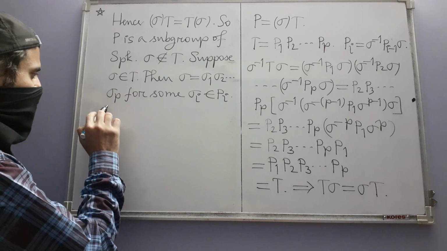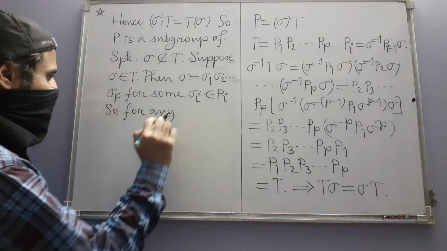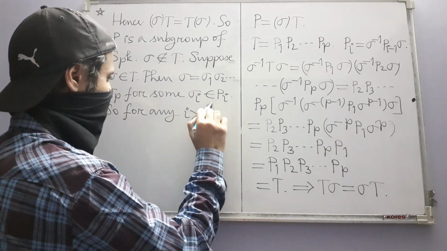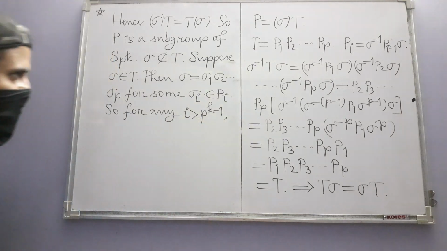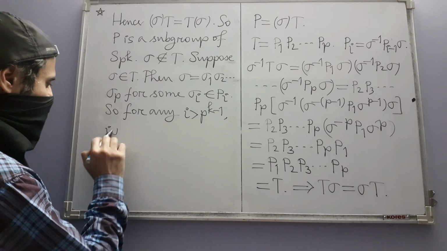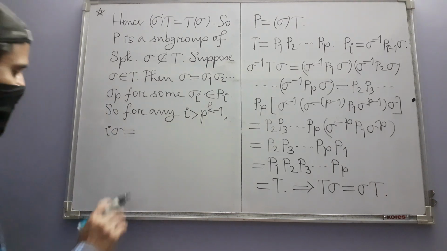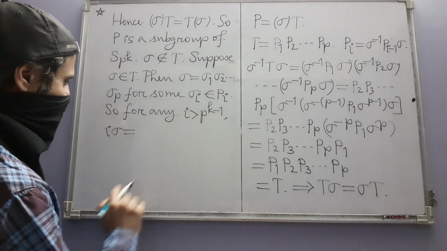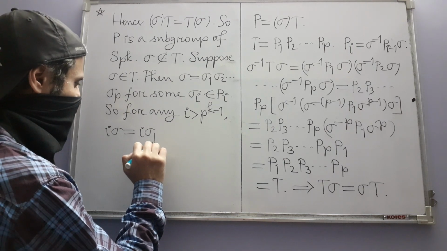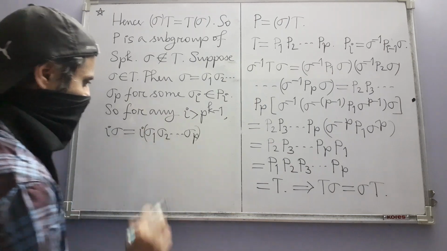Now, for any I greater than p to the power k minus 1, what will happen if you apply that I to sigma? If you apply sigma to that I, you have this, right?